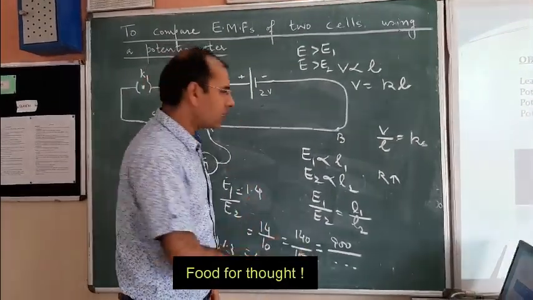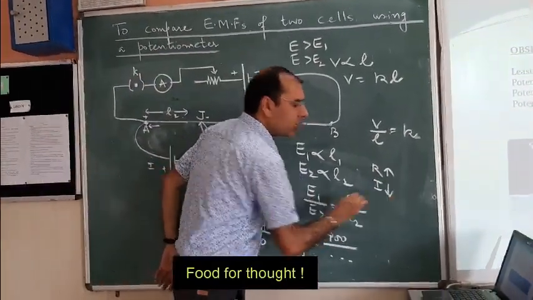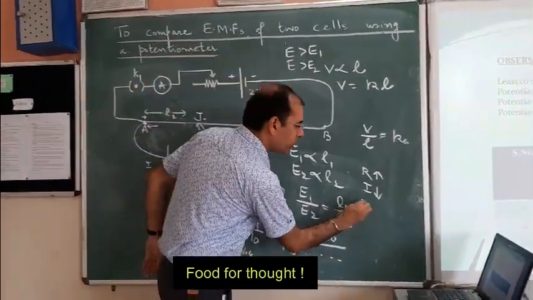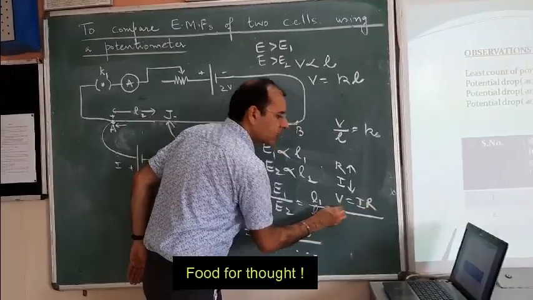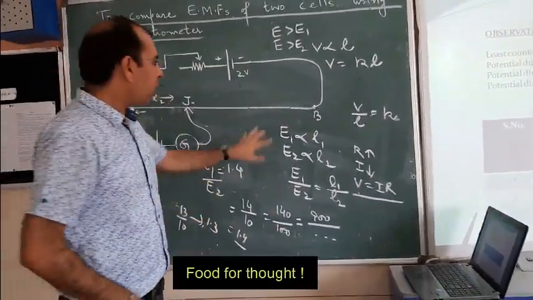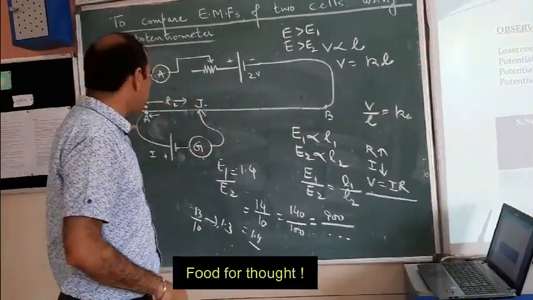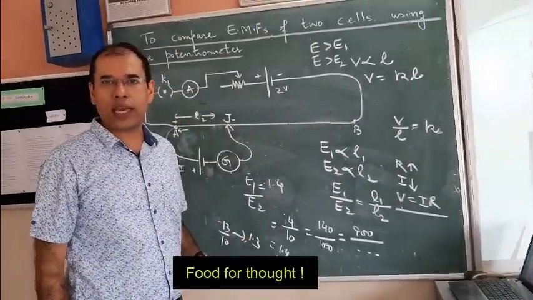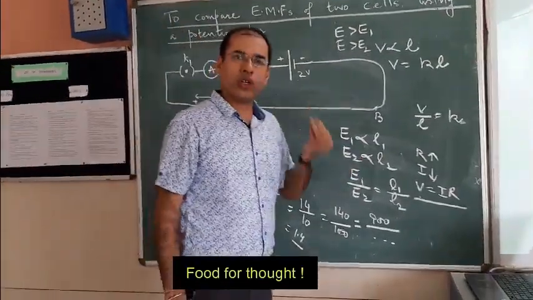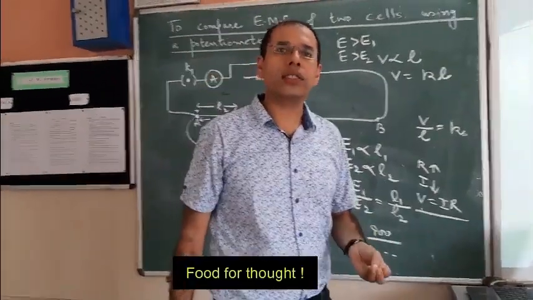If resistance increases, the current decreases, but the voltage remains the same as much as you have supplied from the battery. As long as the supplied voltage is the same, the potential gradient will remain the same. So this should not affect our answer.